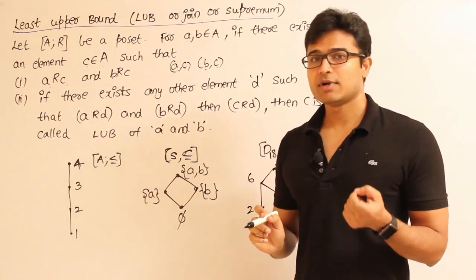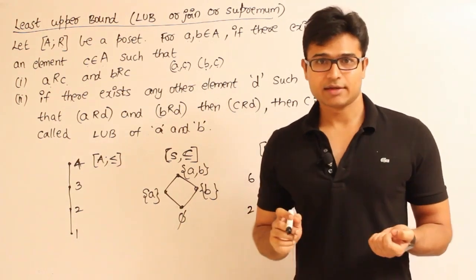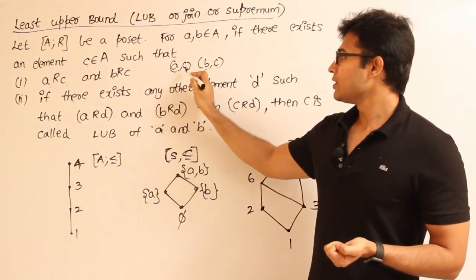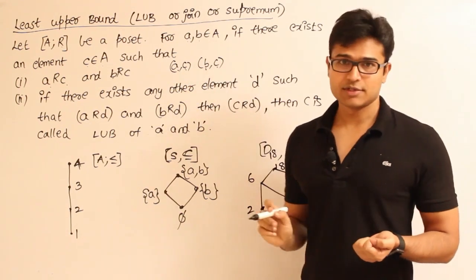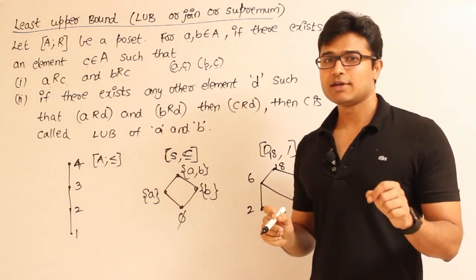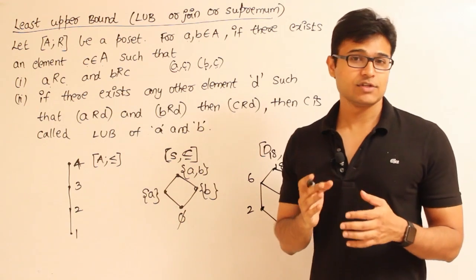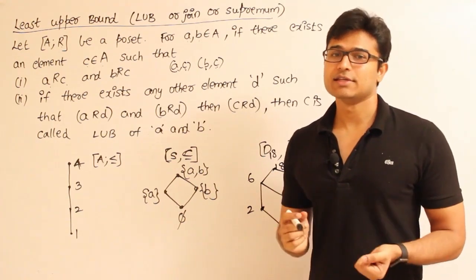But there is one more point. There might be more than one element related like this, which means A is related to C, B is related to C. Similarly, A is related to D and B is related to D, which means you have two elements now, C and D, which are both related to A and B. Now, which among these two are you going to take as the least upper bound?